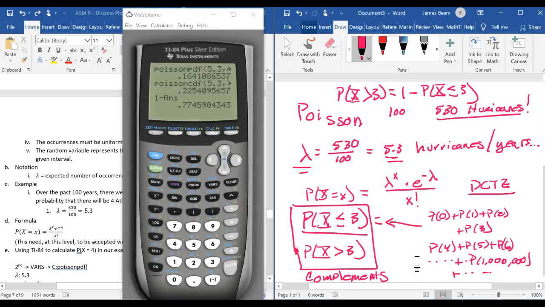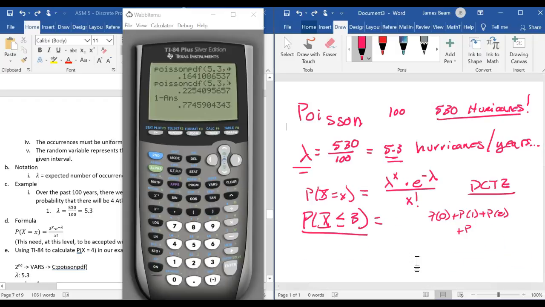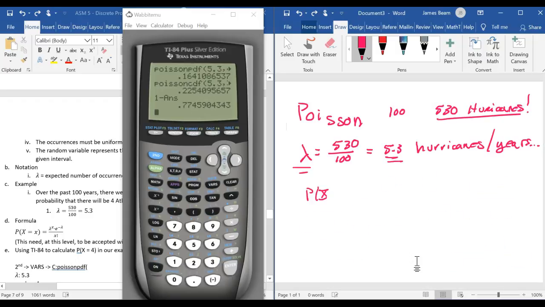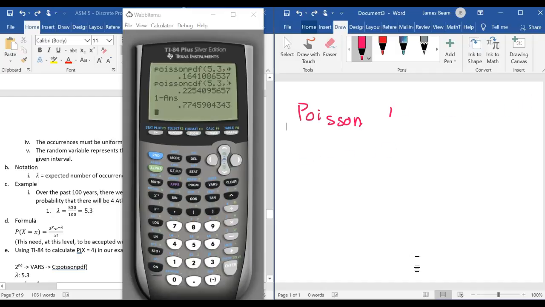Now, why Poisson has an ease of calculation comes when we try to draw inferences. Because the way we designed Poisson, the way we designed Poisson is that lambda was the expected value.